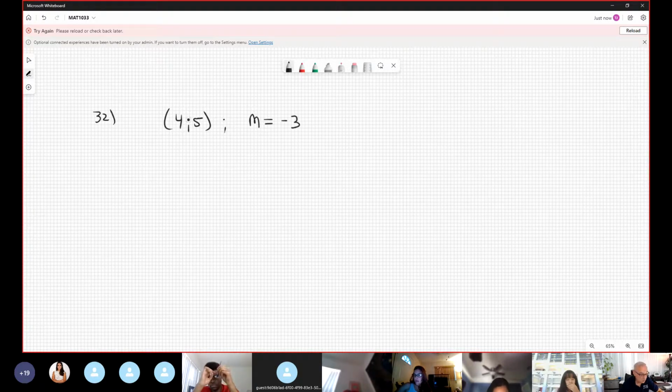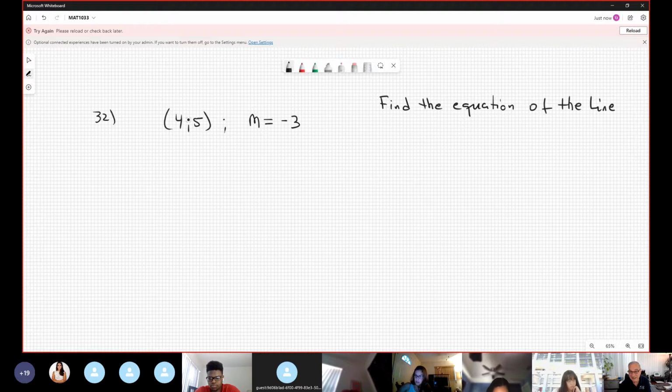What they want is to find the equation of the line, but they want you to express it in this way: y equals mx plus b. Because the problem says write the equation of the line in slope-intercept form with the given slope, -3, blah, blah, blah.